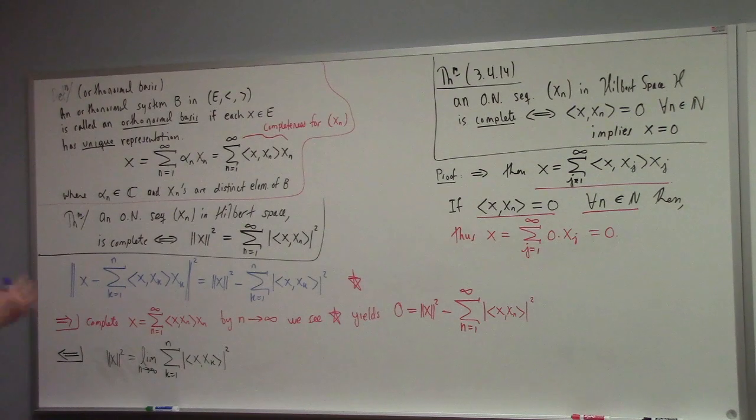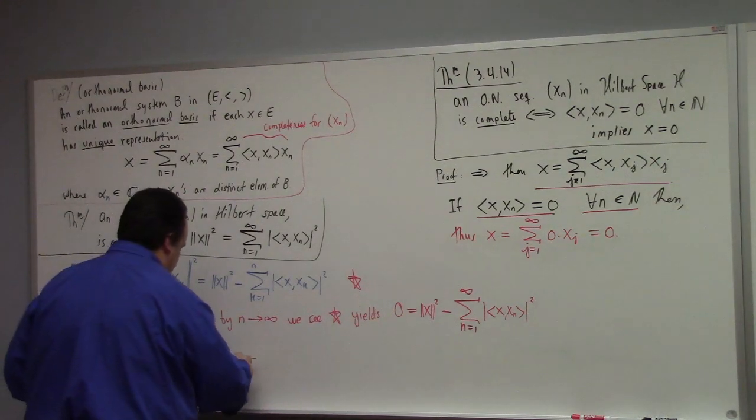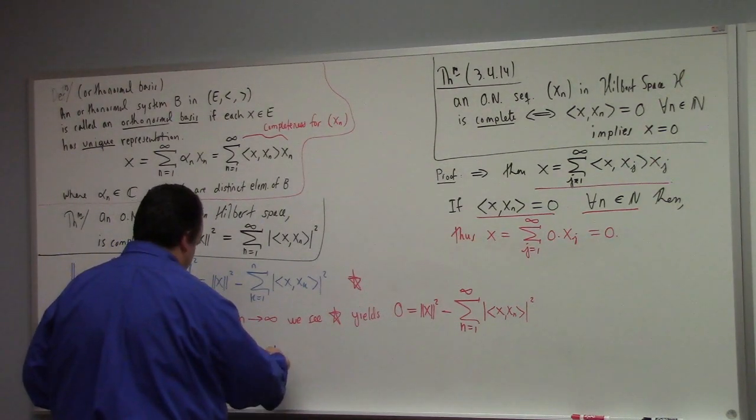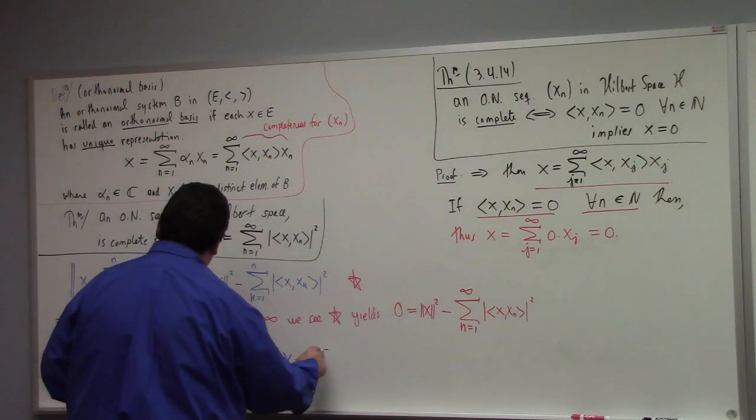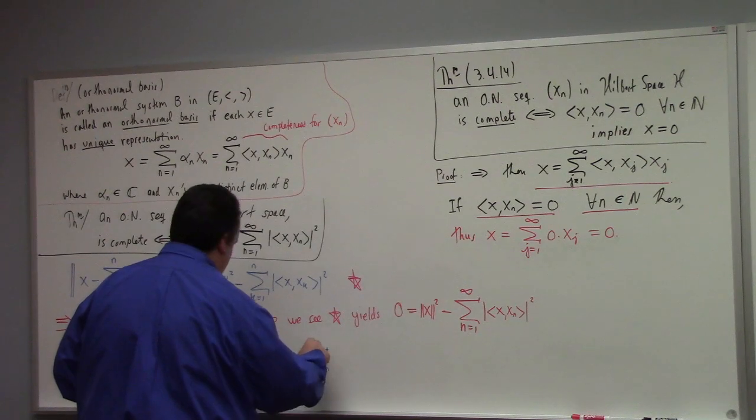So we're assuming that. Why does this imply that x is equal to? I mean, he's claiming that that implies that the norm of x minus the sum, k equals 1 to n, right?